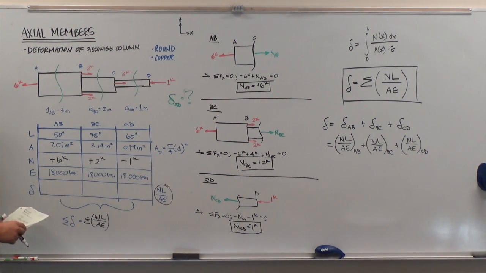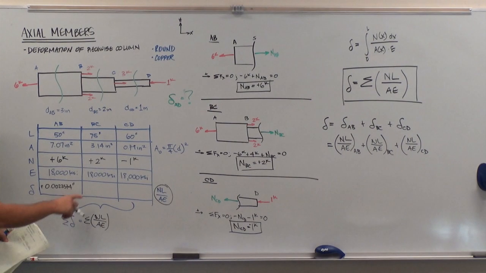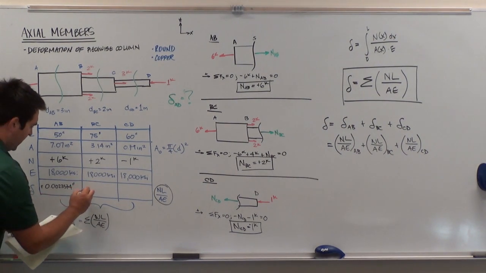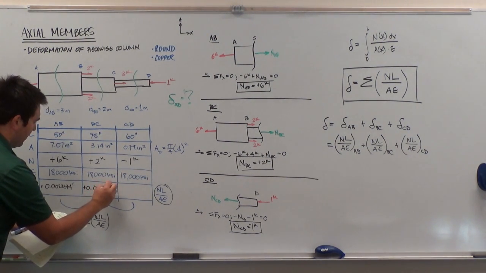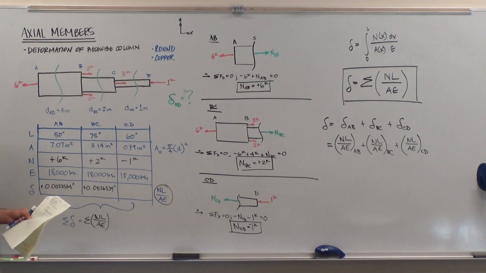And so here, NL over AE for member AB is positive 0.0023574 inches. For member BC, it's positive 0.0026539 inches.